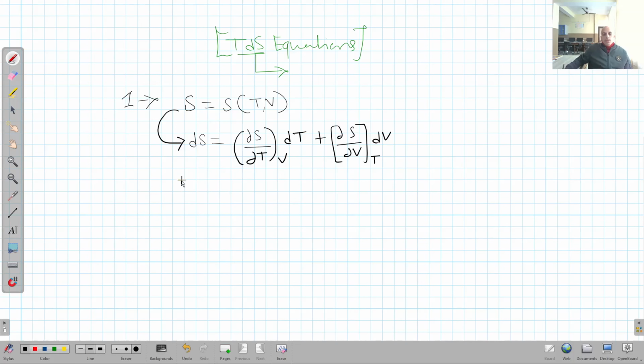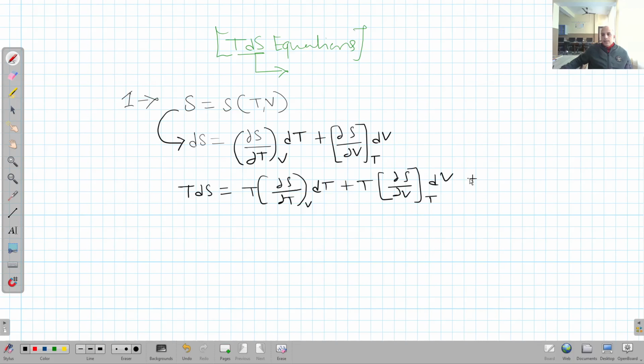Then multiplying both sides by T, it will become TdS is equal to T (∂S/∂T) at constant volume dT plus T (∂S/∂V) at constant temperature dV.